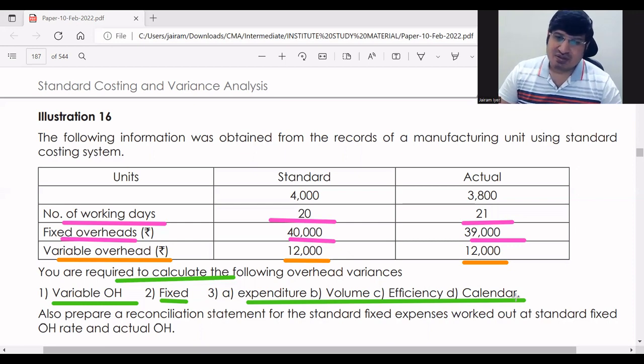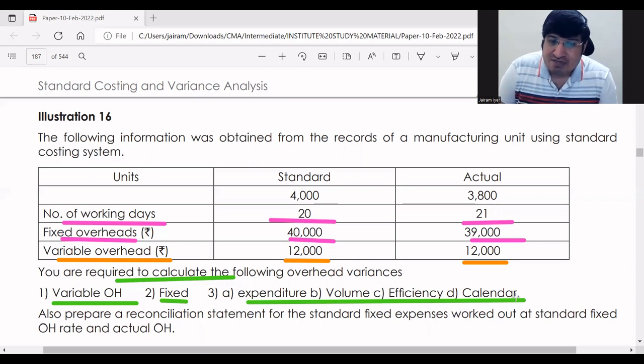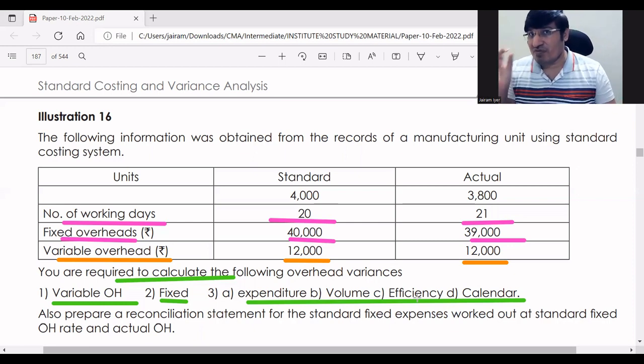If it is not asked and you calculate it, that is okay. But the thing is that you might have to tick the answers in the online sheet. So possibly if you calculate one extra variance, it is possible that in place of efficiency variance you will write the capacity variance, that extra figure which you have got, you might put it in some wrong slot.